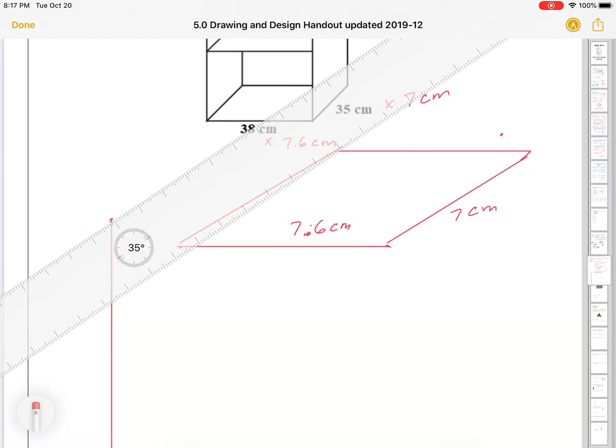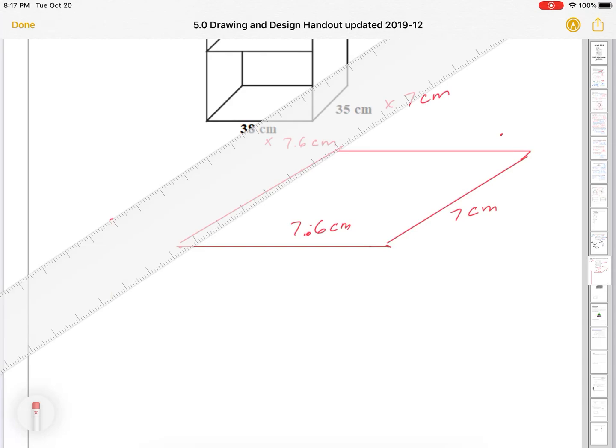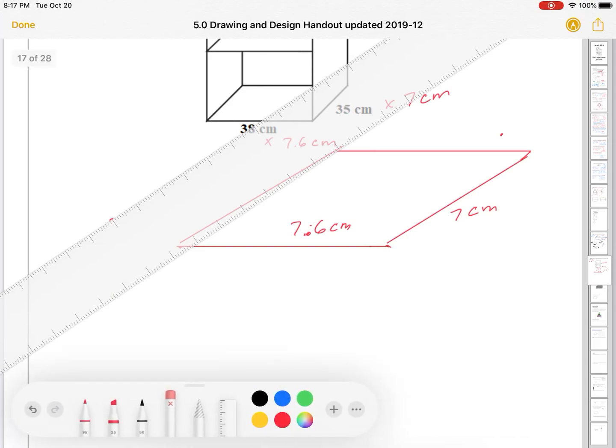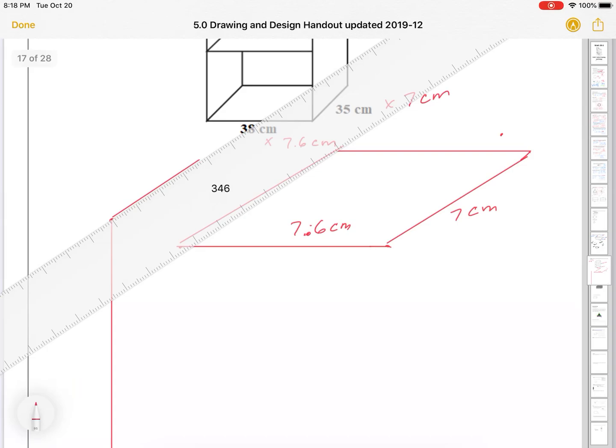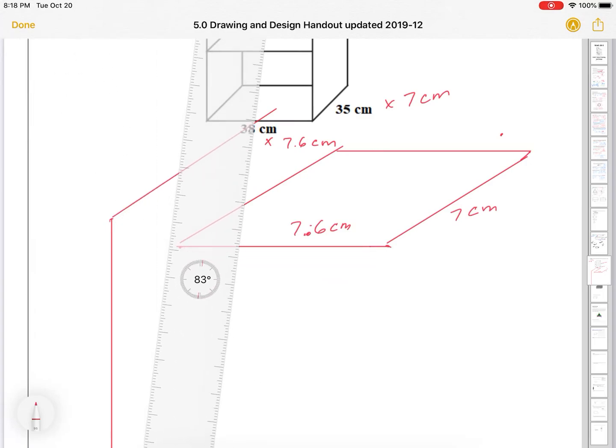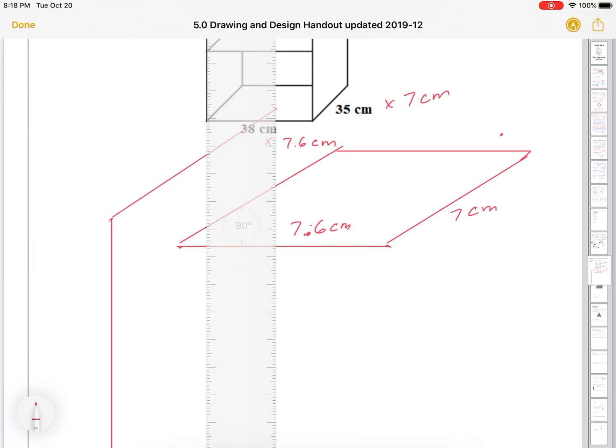And then our piece to the back is 7 centimeters long. Let's get it back. 1, 2, 3, 4, 5, 6, 7. I'm going to have to overlap just because of the space. And then 1, 2, 3, 4, 5, 6, 7, 8, 9, 10, 11, 12.